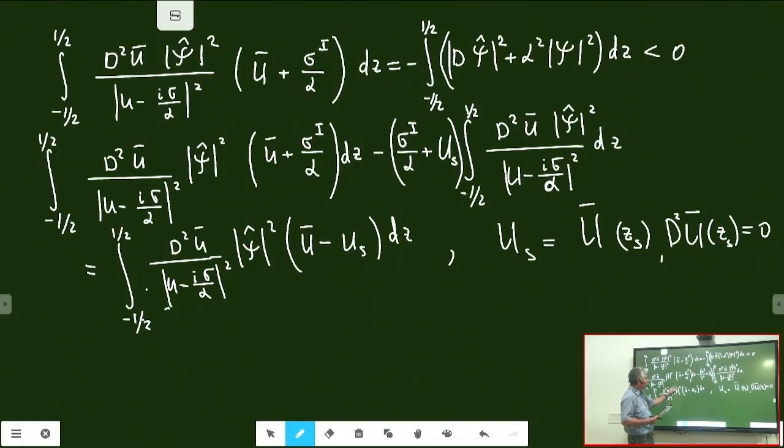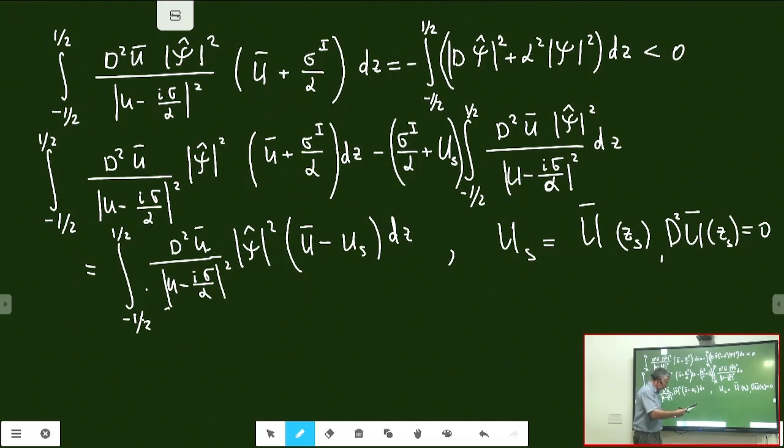And our condition reduces to the fact that the second derivative of a base flow profile, which we should know, because we assume that U bar is known, multiplied by the difference between the value at the inflection point, which we also know, and local velocity, which we also know, it must be what? Negative. Because if it is not negative, it is impossible to make the whole integral negative.